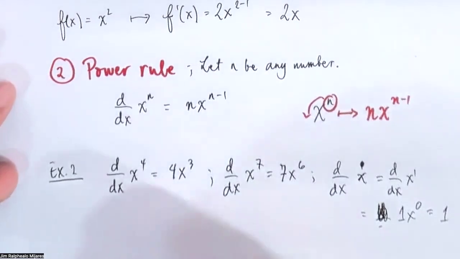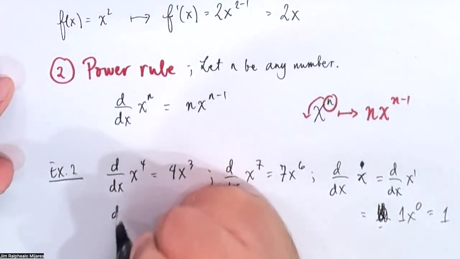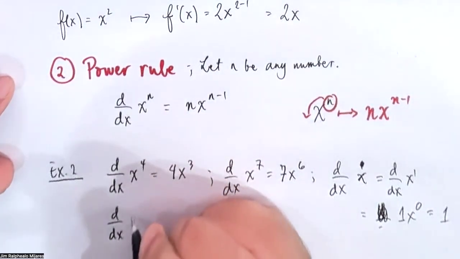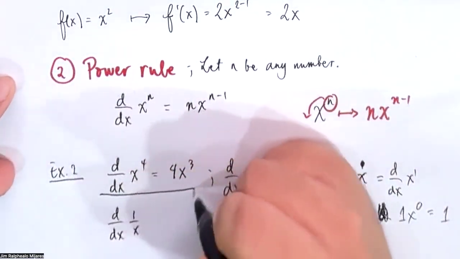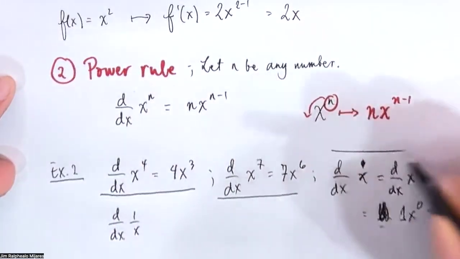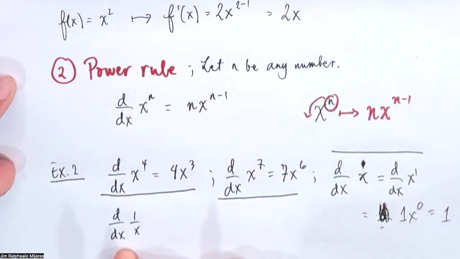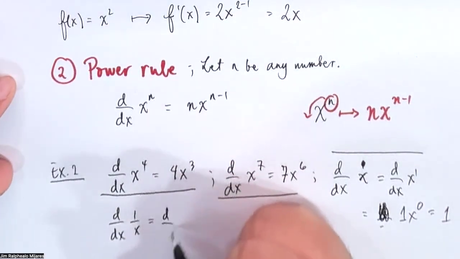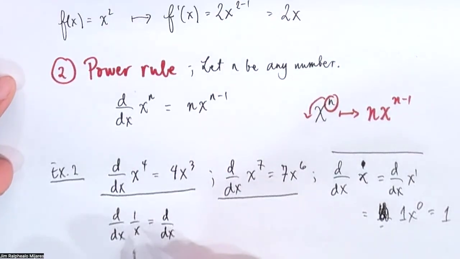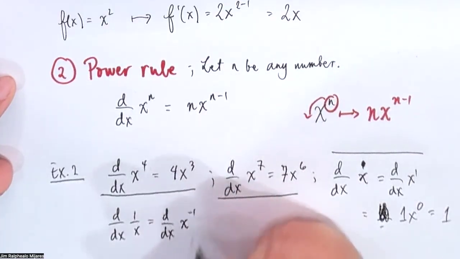Okay? Another. What's the derivative of, say, 1 over x? Now, for this particular example, it seems hard to do. But what we do is, instead of 1 over x, we rewrite that as x to the negative 1.